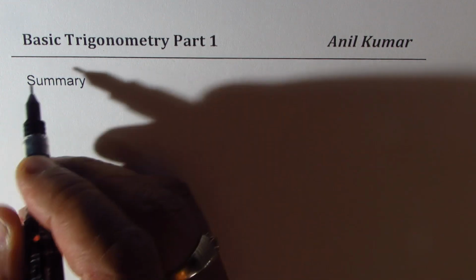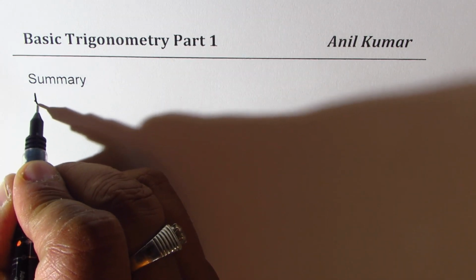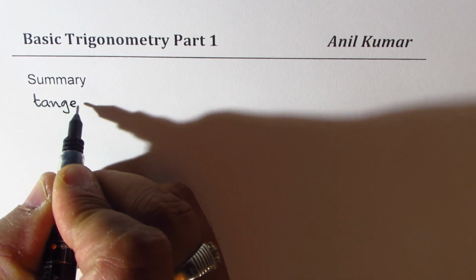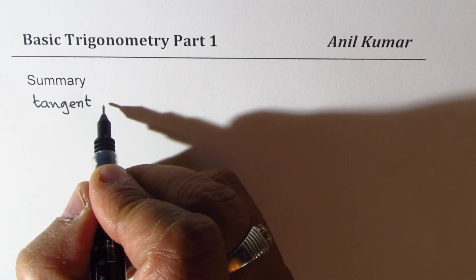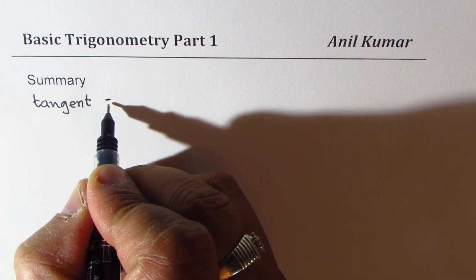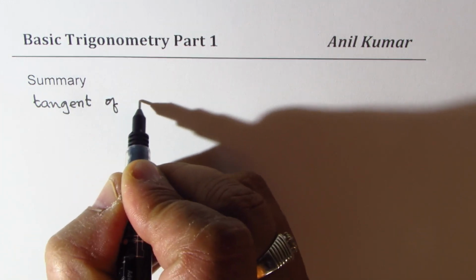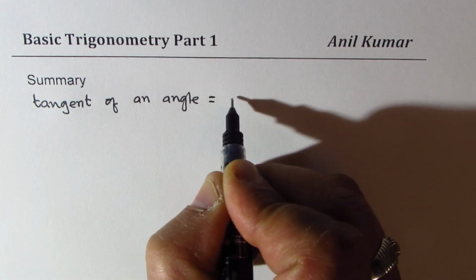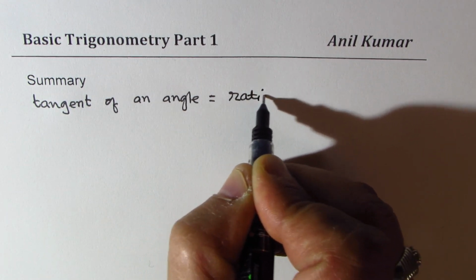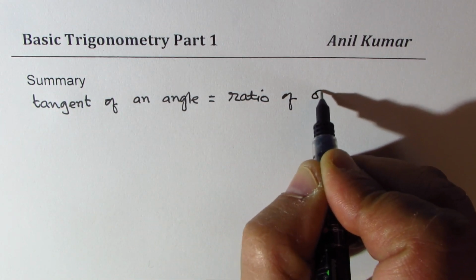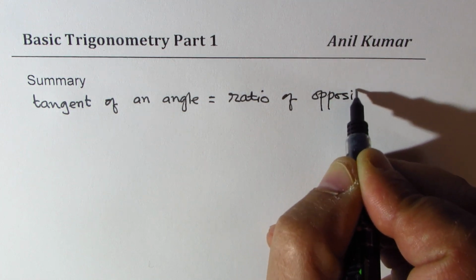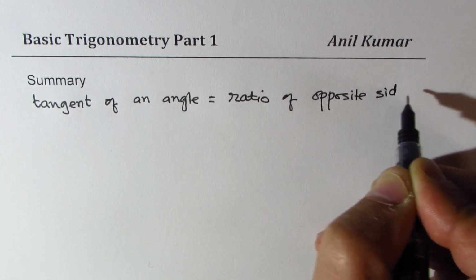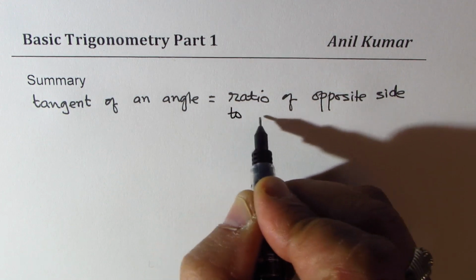Let's summarize them. First thing we learned is that the tangent of an angle is equal to the ratio of the opposite side to the adjacent side.